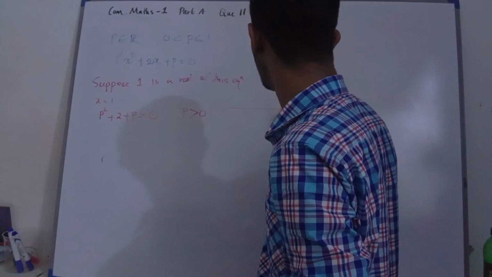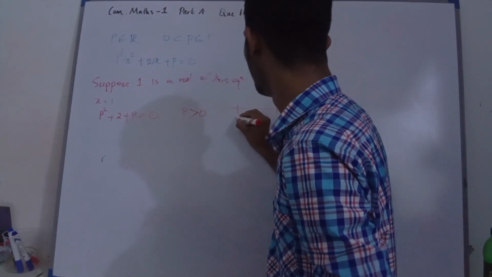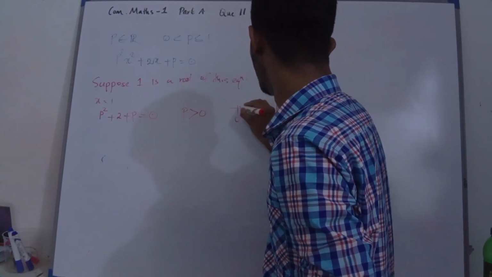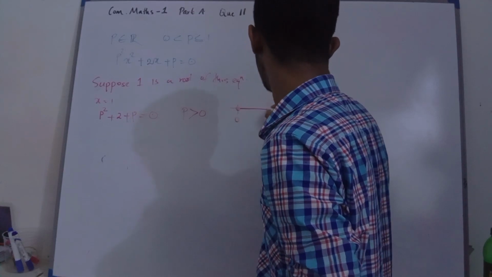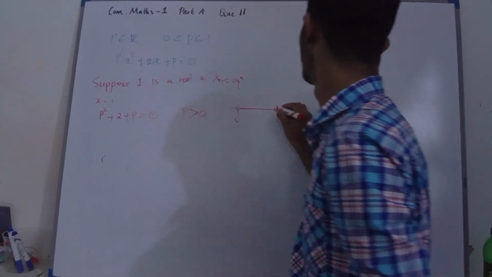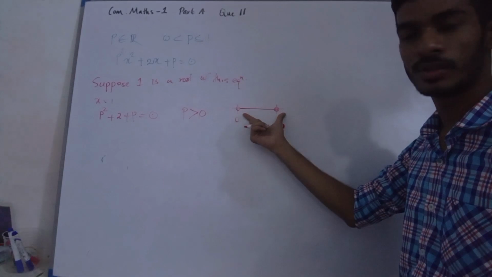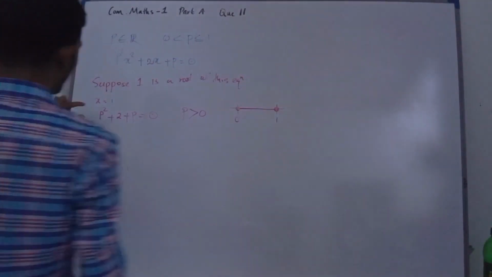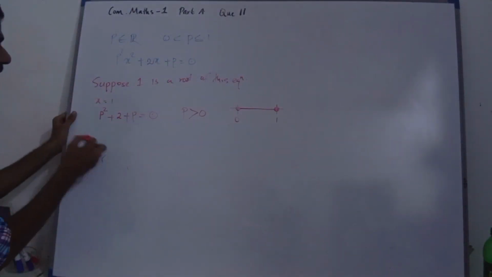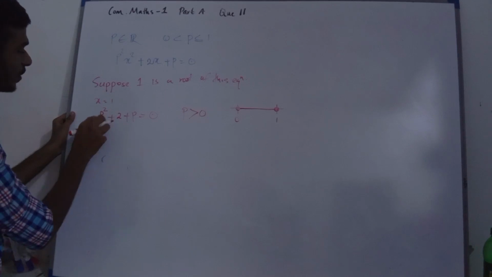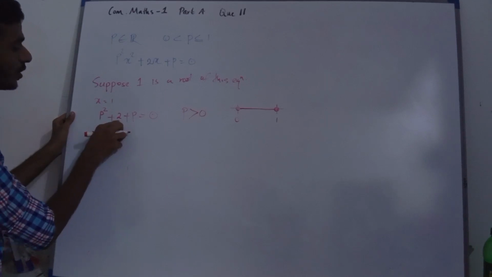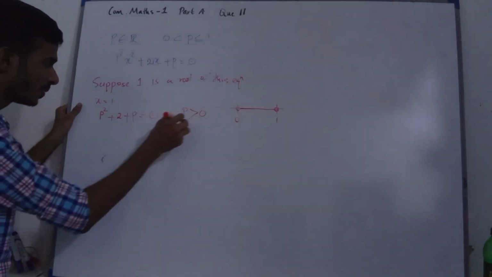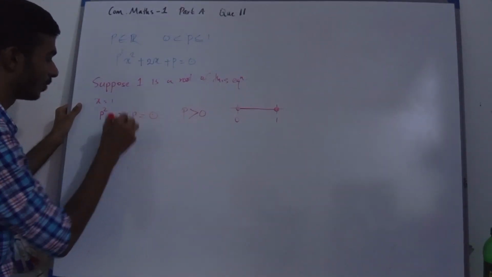If I denote the value of p on a number line, this is 0, this is 1, so p is like this. These are the values p can take. Since p is greater than 0, if I put 0.1, this will be 0.01 plus 2 and so on.